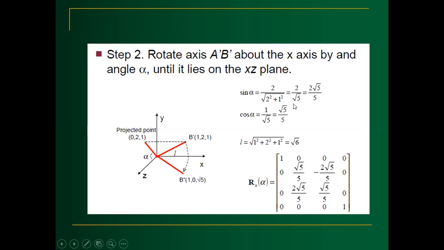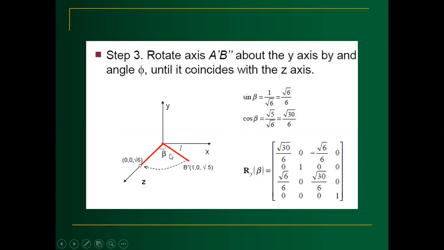I think it is b by d, cos alpha c by d. So the normal, that is this step you will apply next step. I mean in the 2b, that is a square plus b square plus c square. So root 6 doesn't play here. So in the Rx of alpha equation, substitute your cos theta, so minus sine theta, sine theta, cos theta. This root 6 comes next slide. So this is your Rx.